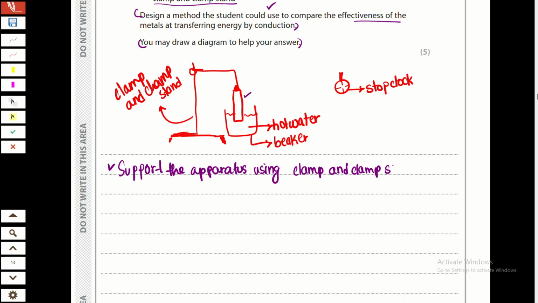So what we will be doing is supporting the apparatus using clamp and clamp stand. This is basically the apparatus we are talking about. They didn't provide a particular name for this one, so that's why we are referring to it as apparatus. So we will support the apparatus using the clamp and clamp stand, and this ensures that all the metal bars are at the same depth inside the hot water.